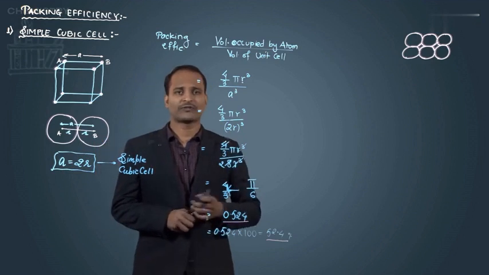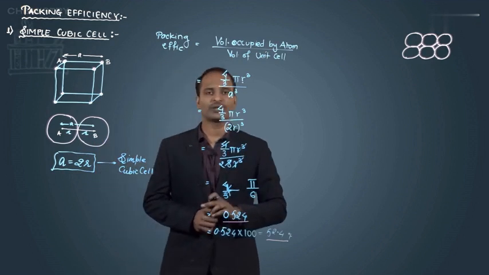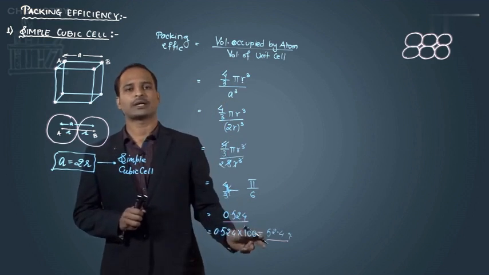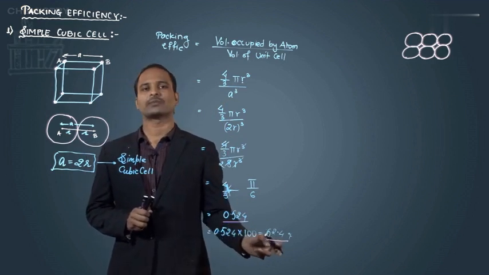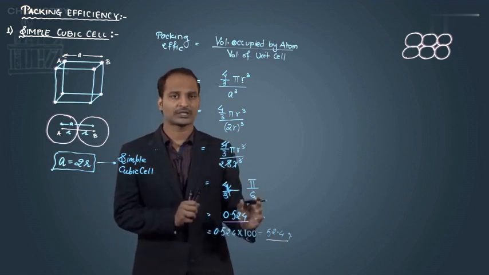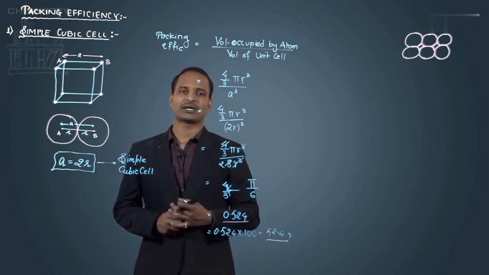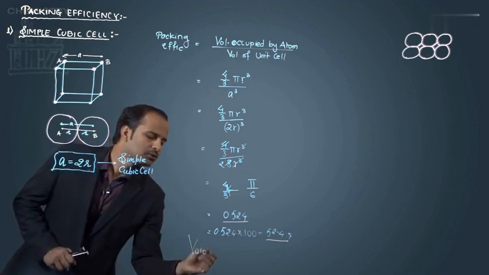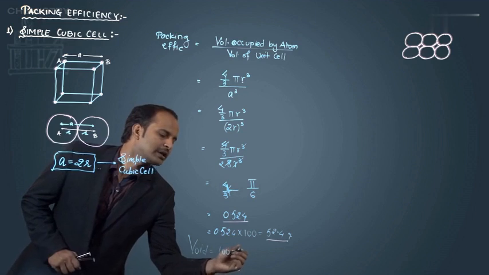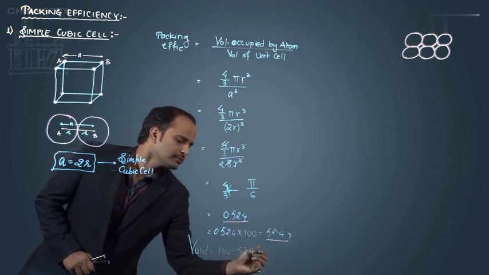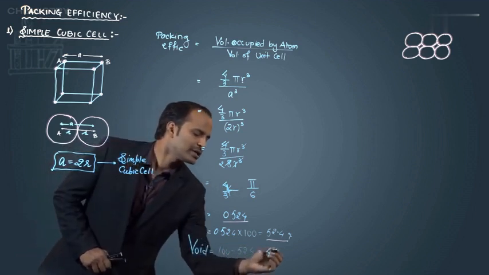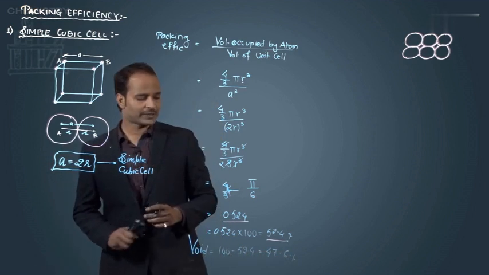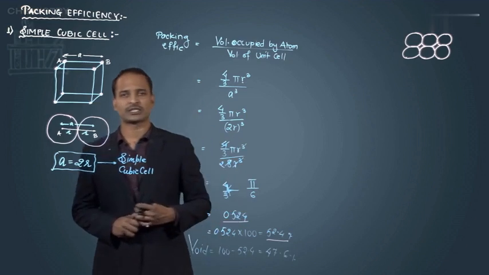It means out of the total available space, the atoms in a simple cubic cell occupy 52.4% of the space and the remaining space is vacant, that is, in the form of void. So the void is equal to total space, which I consider 100, minus 52.4%, which gives 47.6%. This is the vacant space in the case of the simple cubic cell.